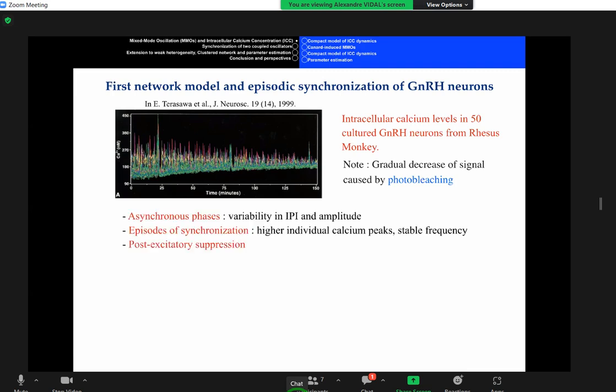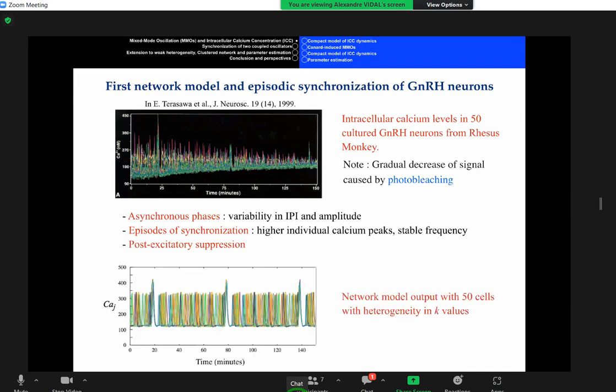Okay. So we can reproduce the asynchronous phase using the variability in the interspike interval and amplitude, and episodes of synchronization with higher individual calcium peaks, a stable frequency, and even the post-excitatory suppressions that we see after the episodes of synchronization.